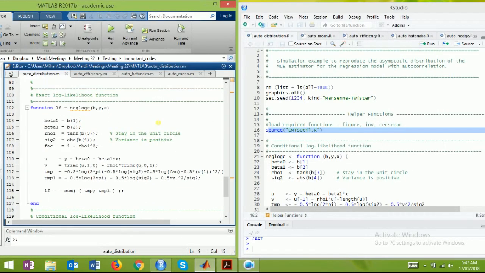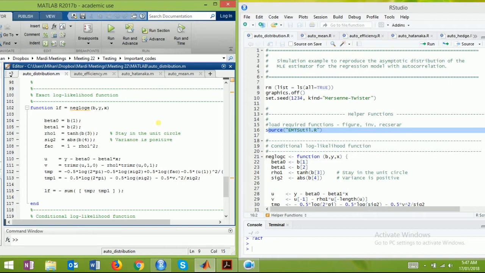So exact and conditional. For exact, we have beta naught, y and x. Okay, fine. Beta naught is the first element, beta 1 is the second element, rho is tanh of b3.